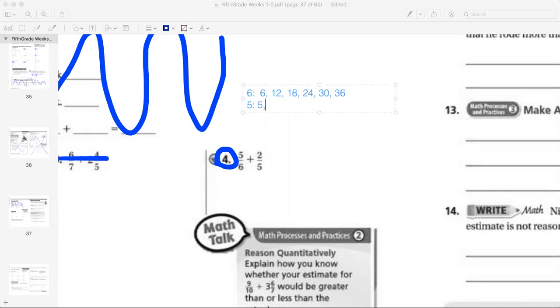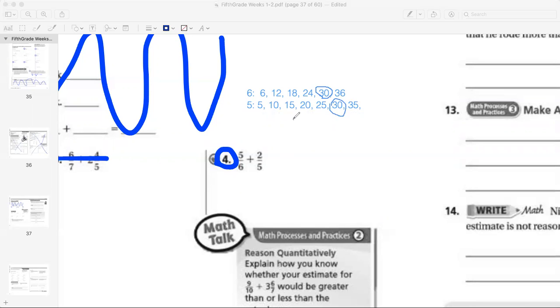And then we have 5, 10, 15, 20, 25, 30, 35. And then we have to look and see which one's the least that they have in common. And if you notice, it is 30.